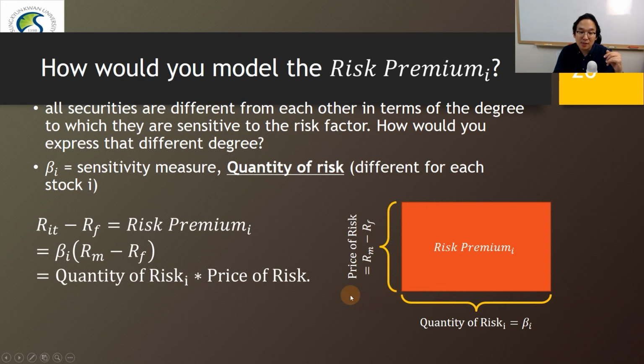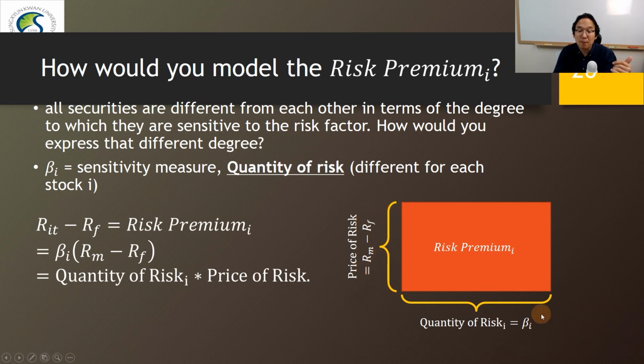This is the price of risk, and that is the quantity of risk. Just like the demand curve and the supply curve, I showed you the economic convention: the vertical axis is price, and the horizontal axis is quantity, so I'm just following that habit. Each different stock has a different risk premium, but you can understand it, decompose it, or interpret it as a multiplication of this price of risk and quantity of risk.